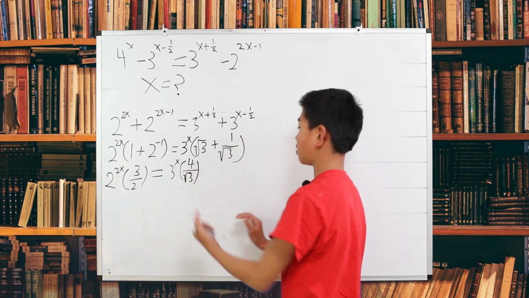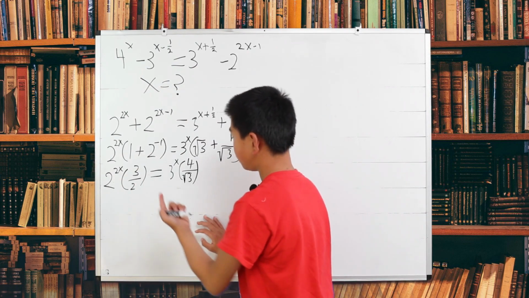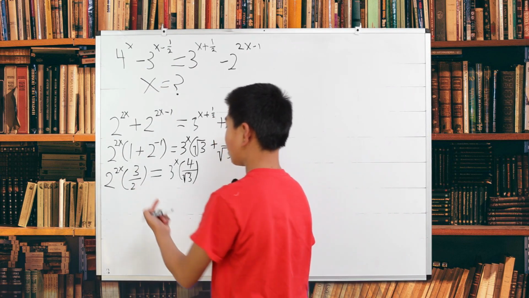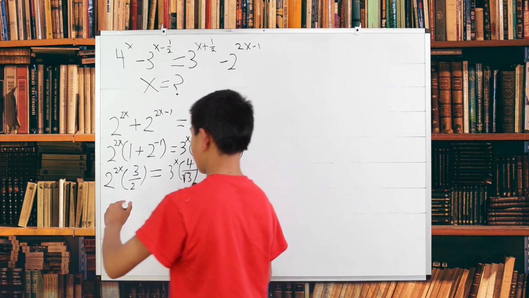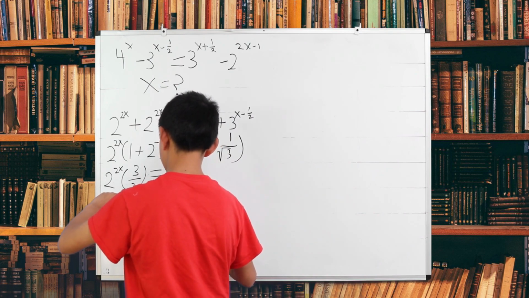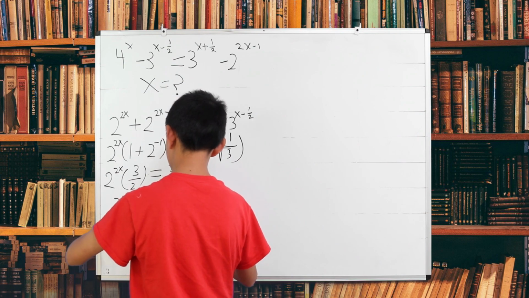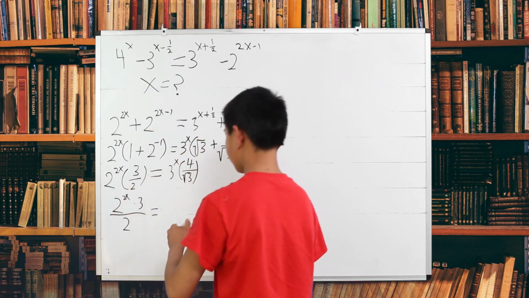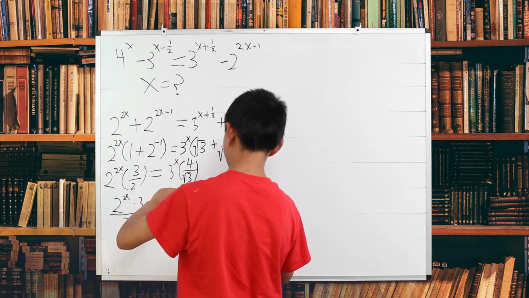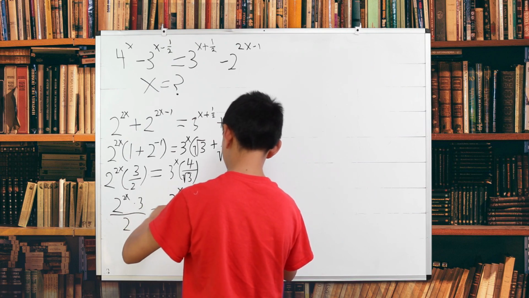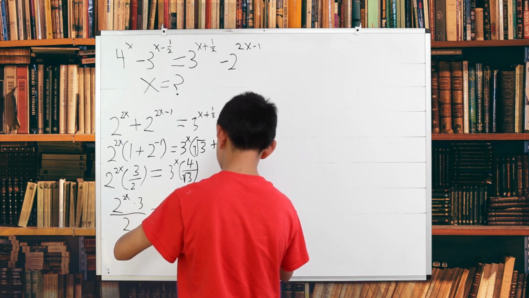Now we can multiply these. So on the left-hand side, you get 2 to the power of 2x times 3 over 2 is equal to 3 to the power of x times 4 over the square root of 3.